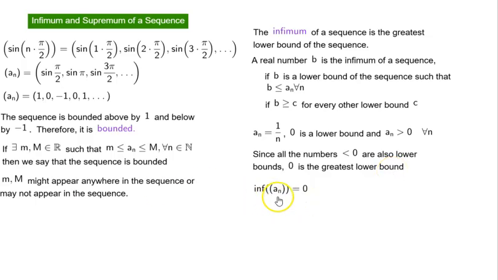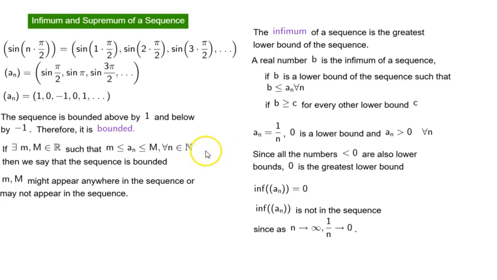So it is called the infimum of the sequence. So infimum of a sub n is equal to 0. And here in this example, infimum of a sub n is not in the sequence, since as n goes to infinity, 1 by n goes to 0, but it actually never reaches 0.